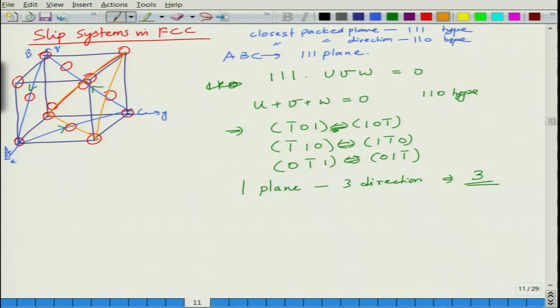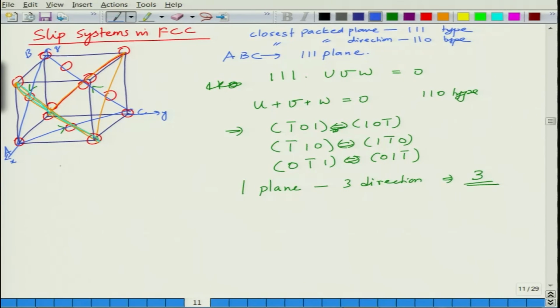You can have one more plane, and the fourth one could be this.